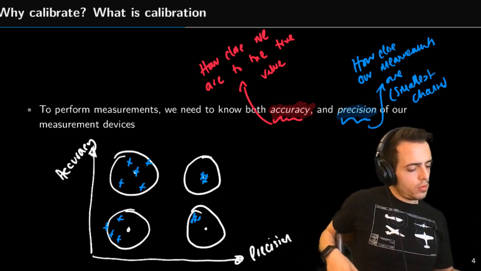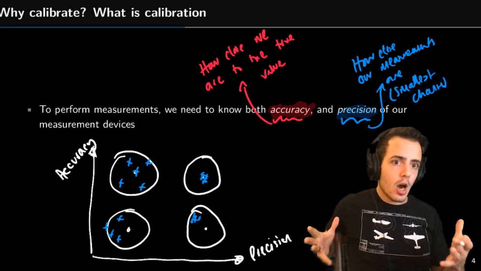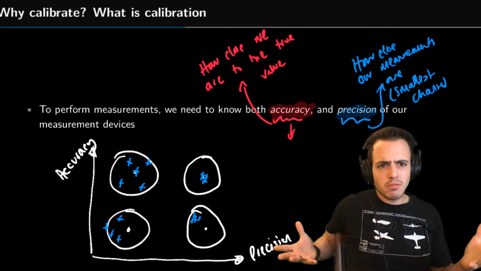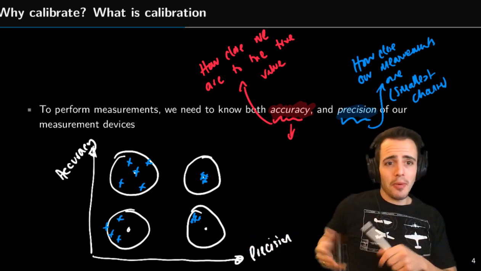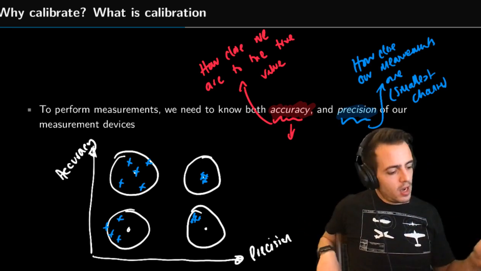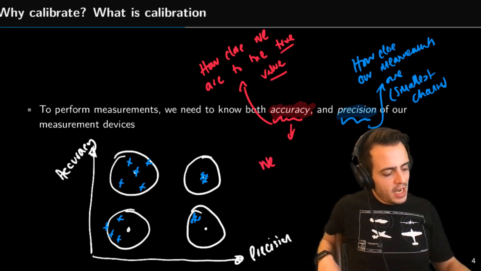Now, this idea of accuracy is actually much harder to measure than precision, because for accuracy, what do we need? For accuracy, we obviously need to know what the actual true value is.